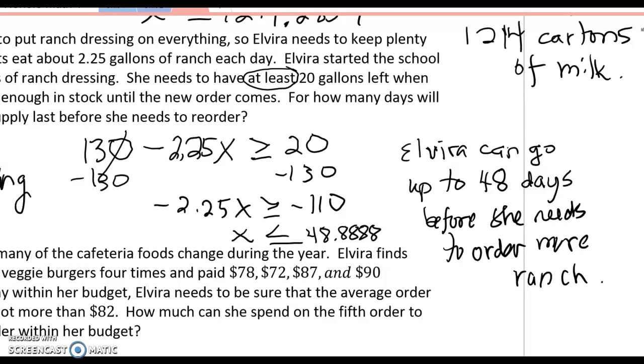So therefore, we need to go against normal rounding rules, and we need to take that 48.888 repeating and round down.